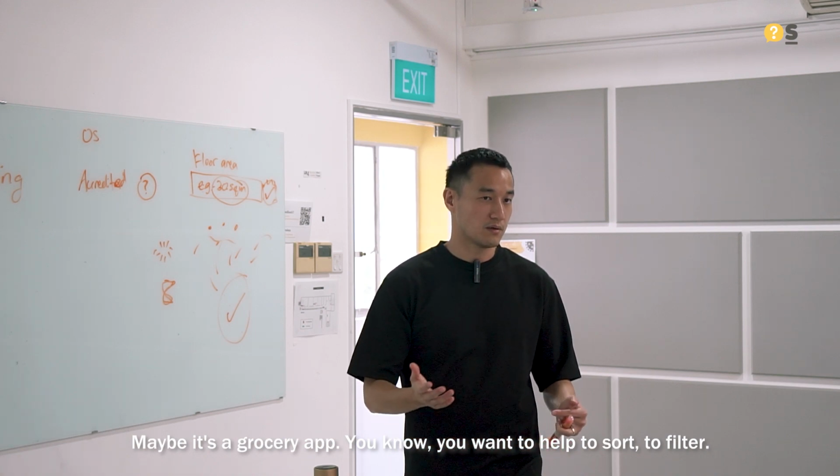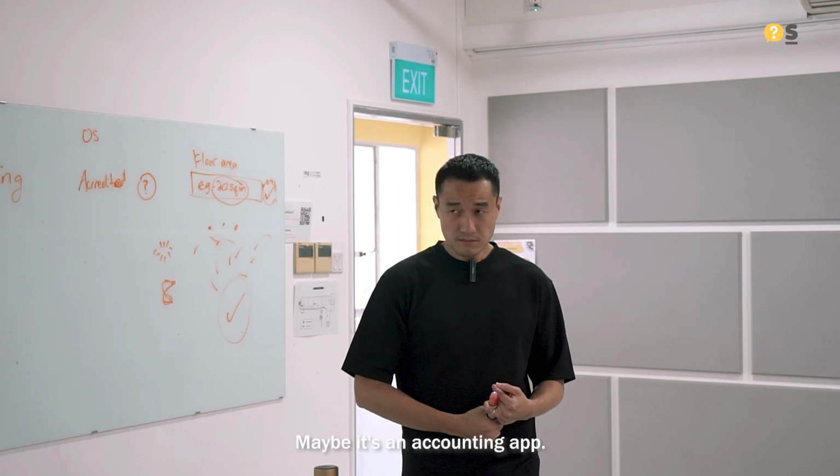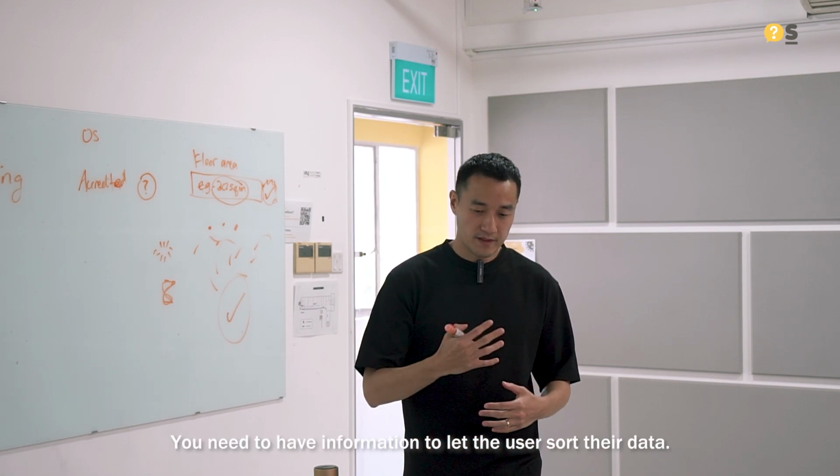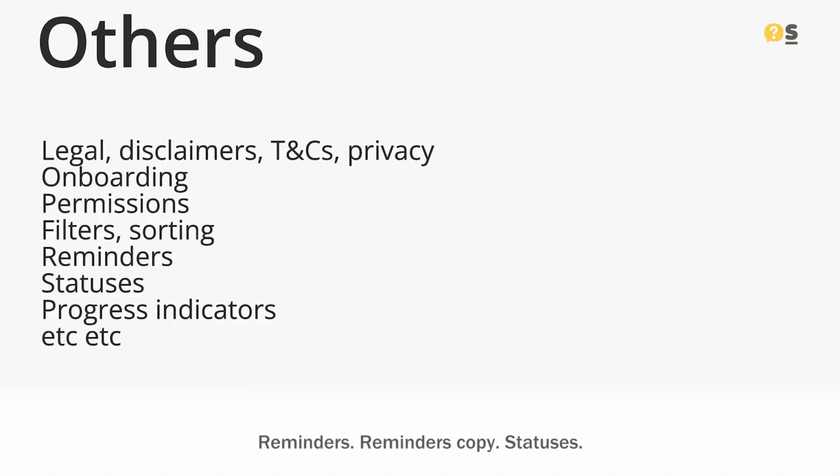Maybe it's a grocery app and you want to help the user sort and filter. Maybe it's an accounting app and you need information to let the user sort their data. Reminders copy. Statuses, what kind of status it is: pending, for instance, complete. Progress indicators, and so on.